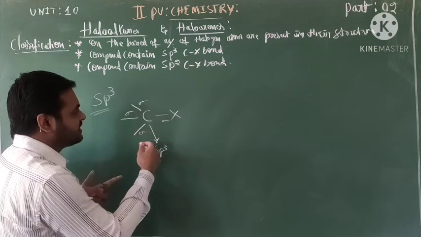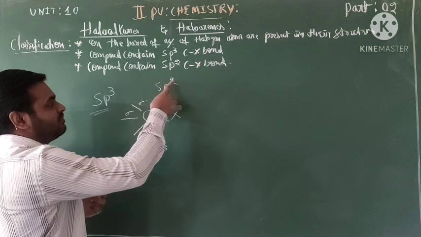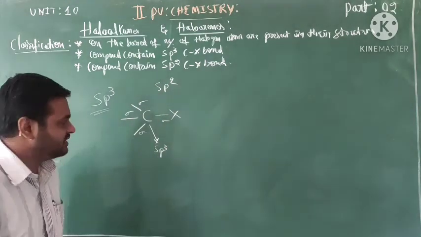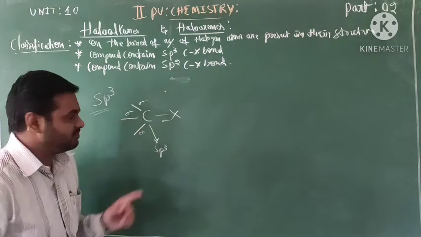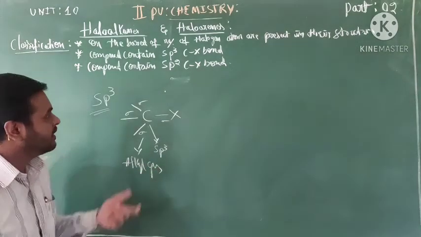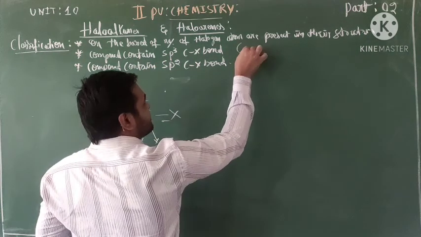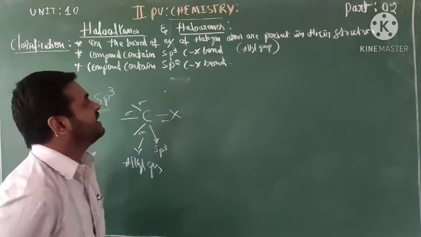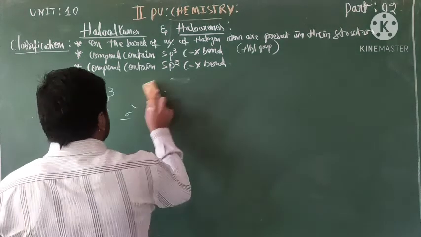If there are 3 sigma bonds, s1 plus p2, 2 plus 1, 3, that is sp2 hybridization. So here we have an sp3 hybridized carbon atom. This is what? An alkyl group. In this type, we concentrate only on alkyl groups of sp3 hybridization. Let me go on to the classifications.